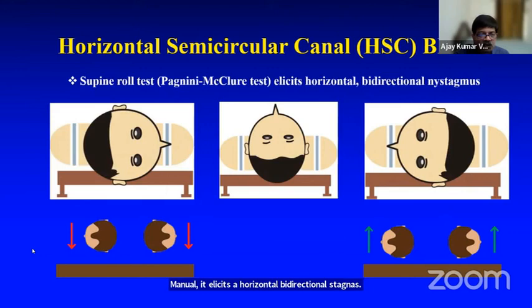There is a nystagmus which is horizontal, and this nystagmus could be either geotropic, where the quick component beats towards the lowermost ear, or it could be apogeotropic, where the quick component beats away from the lowermost ear. So its lateralization and localization is slightly difficult compared to the posterior canal BPPV. Yet this type of BPPV is not very uncommon. It forms 10% of all cases of BPPV.